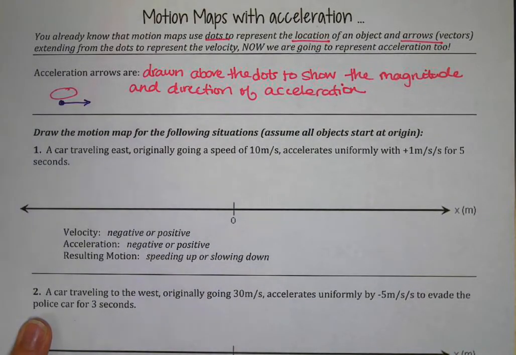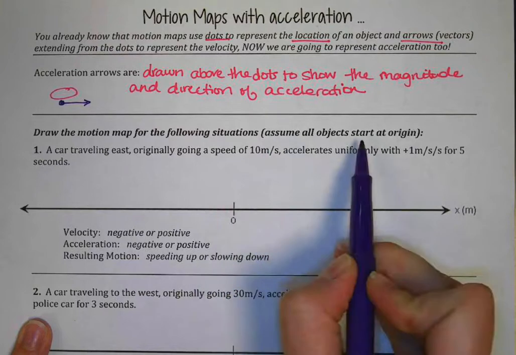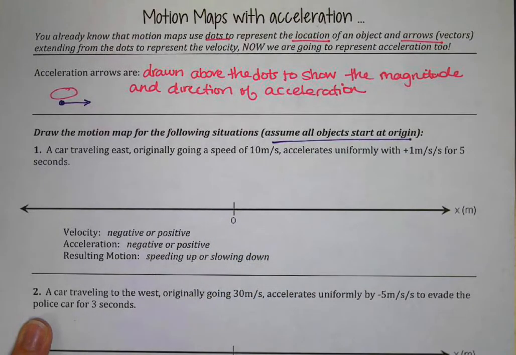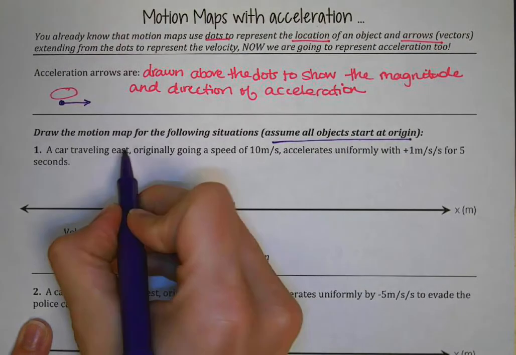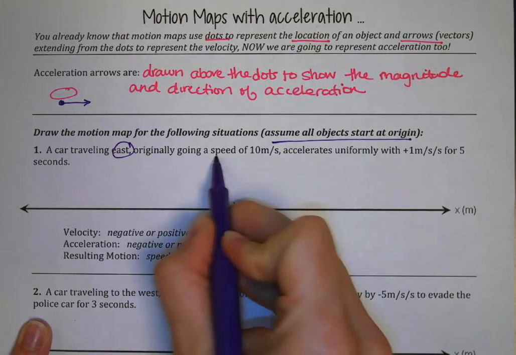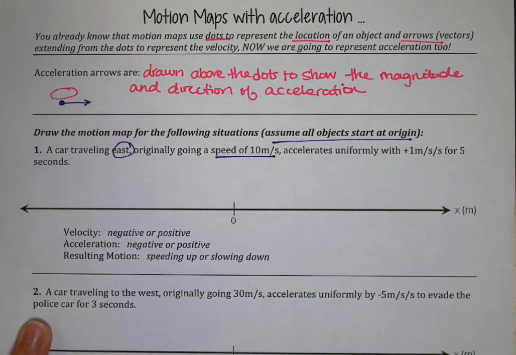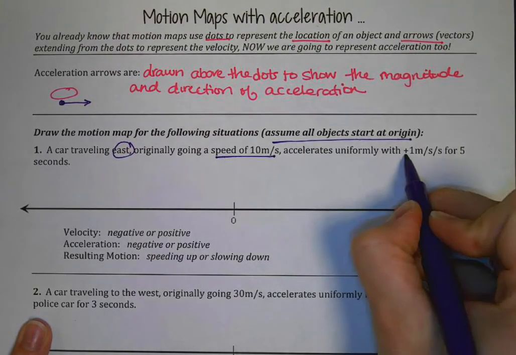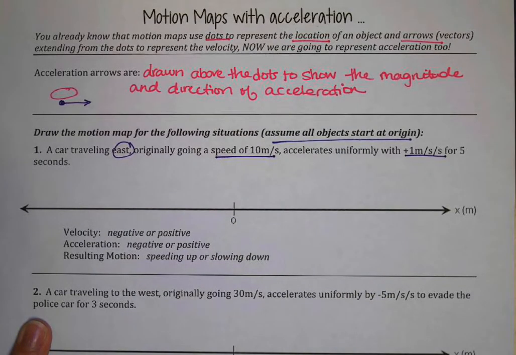Let's look at the first one. It says assume all objects start at the origin, and a car traveling east, originally going a speed of 10 meters per second, accelerates uniformly with plus 1 meter per second for every second for 5 seconds. So a few key things here.